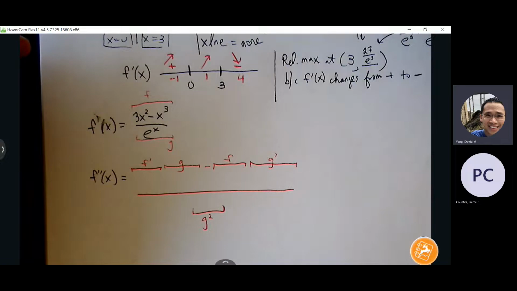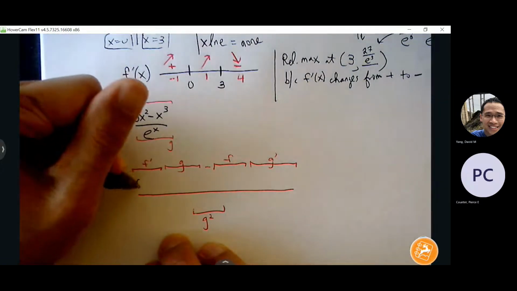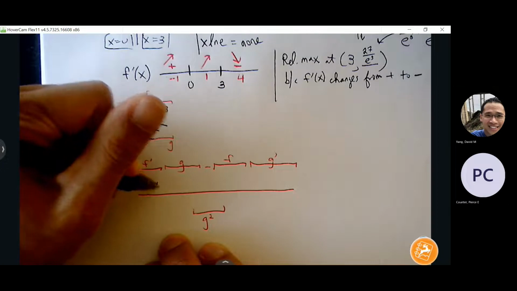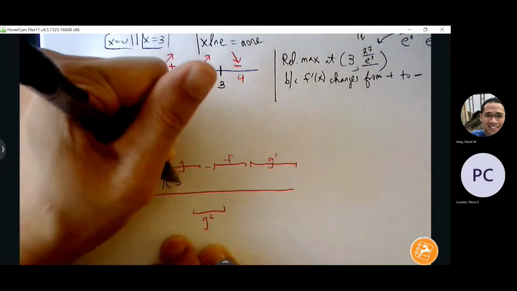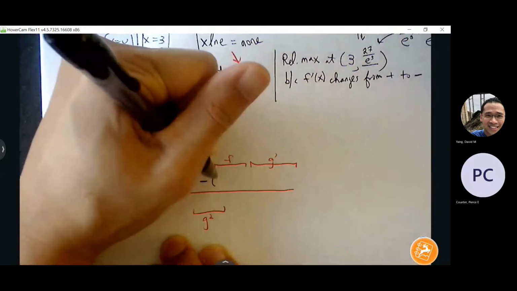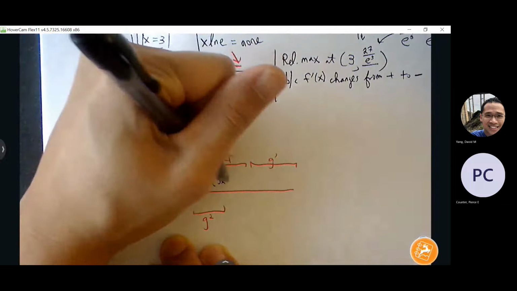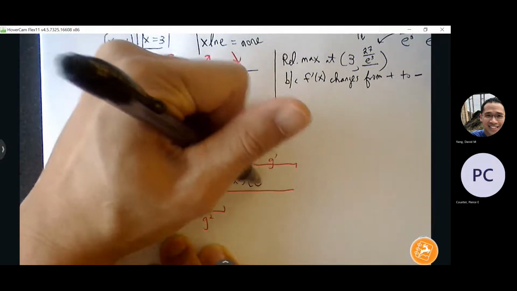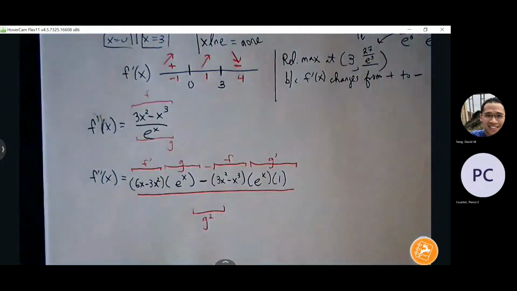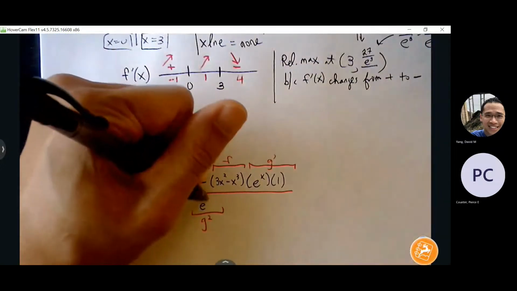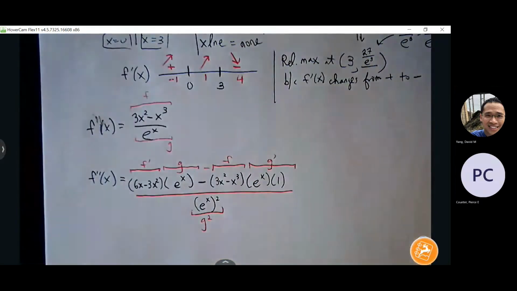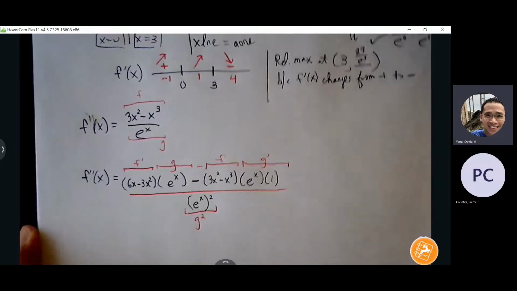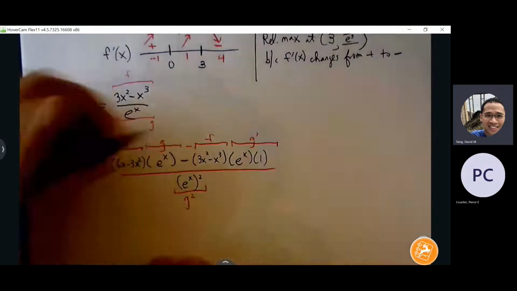Okay, f prime, all over g squared. Okay, I'm going to just distribute everything through, see if I have any like terms, clean this up a bit.